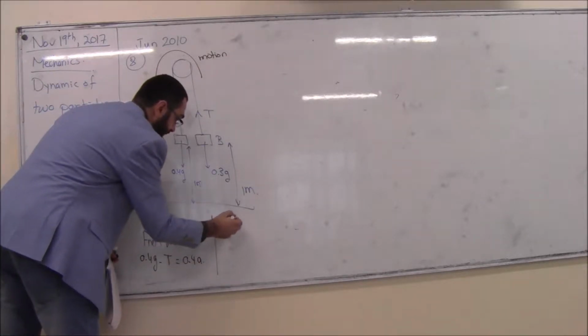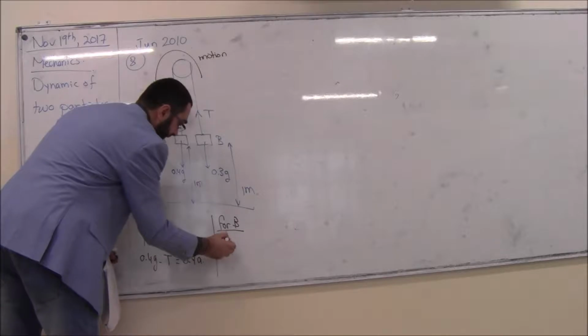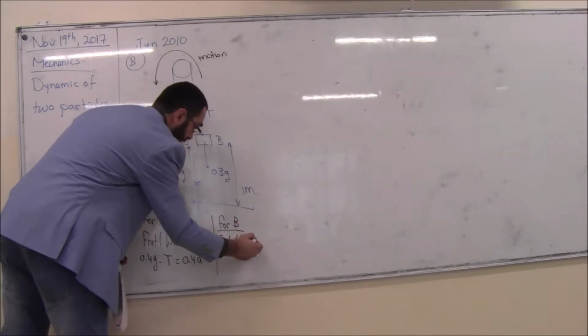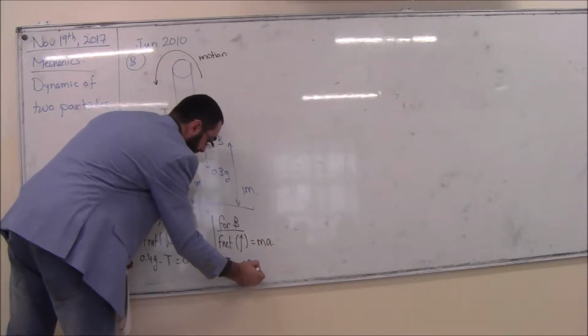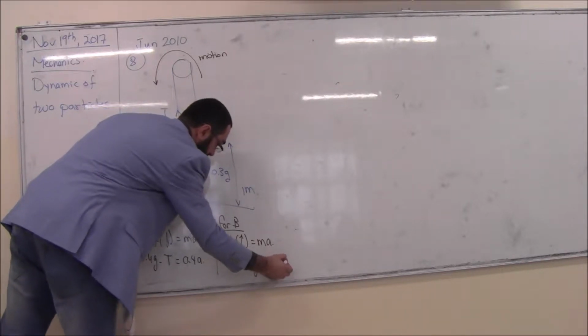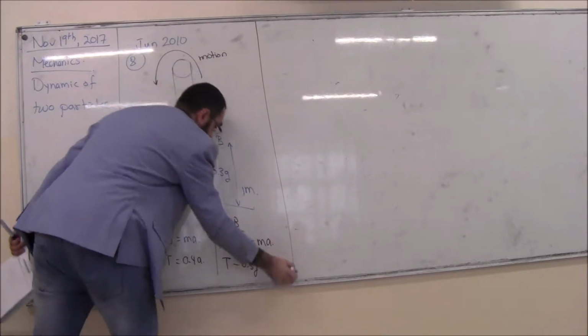For B, net force upward: T minus 0.3 g equals 0.3 a. Okay guys, it's easy now.